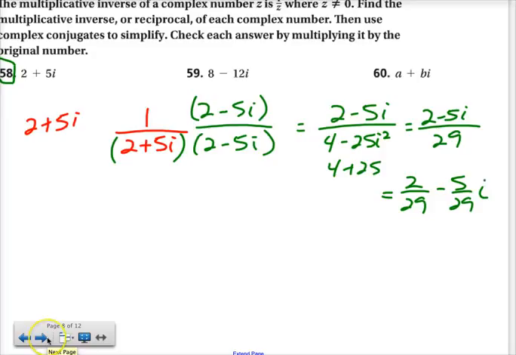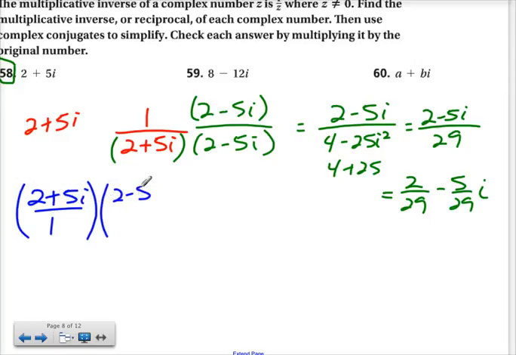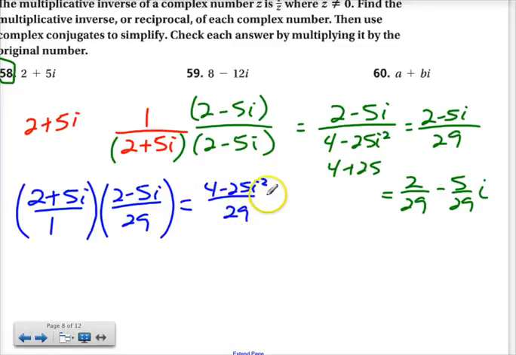Now, they want us to go ahead and check and make sure that this is in fact going to work. So if we take 2 plus 5i over 1, times 2 minus 5i over 29, this is supposed to work out very nicely. If we do FOIL on our numerator up there, we're going to get 4 minus 25i squared over 29.